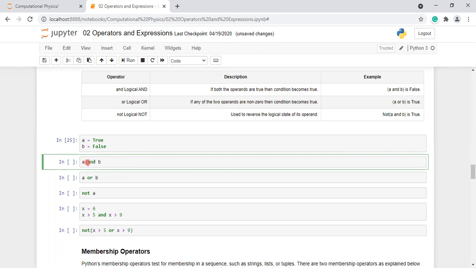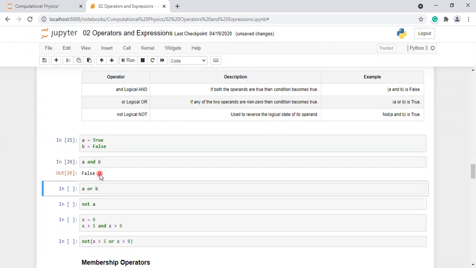This is like a logic gate where A and B are the inputs and the and gate gives the output. True is 1, false is 0. If one input is 1 and the other is 0, the output will be 0. That is false. So A and B, when I run this, it is false.